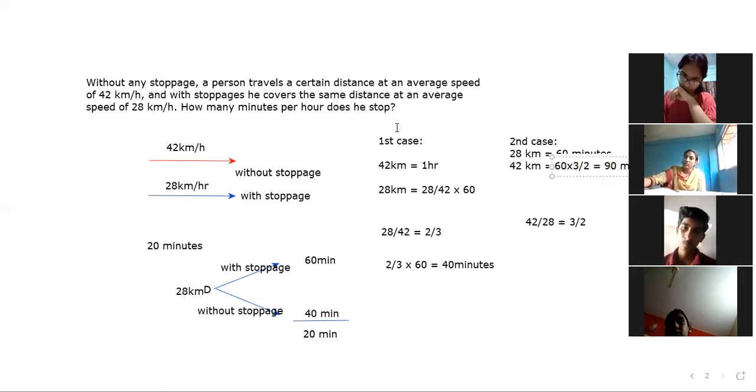So, beta, that means if the person without stopping on the way walks 42 kilometers in 60 minutes, meaning in 1 hour, and the person with the stoppage on the way walks 42 kilometers in 1.5 hour, it means after every 1.5 hour the person is stopping for 30 minutes on the way, and for 60 minutes the person would be stopping 20 minutes on the way.